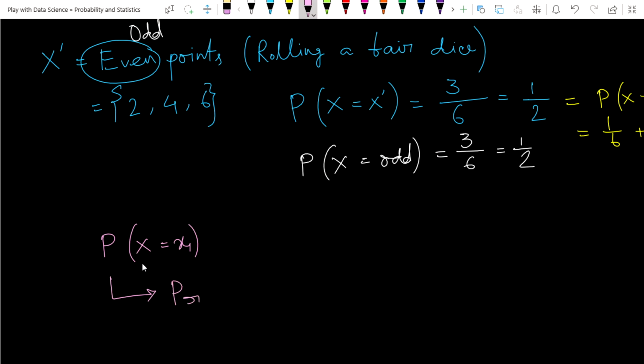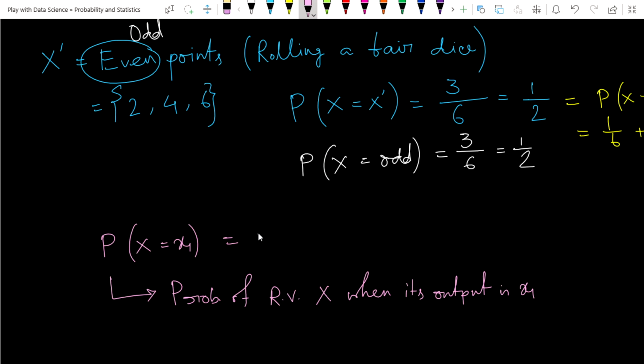Its meaning is the symbolic meaning: the probability of the random variable x when its output is x1.